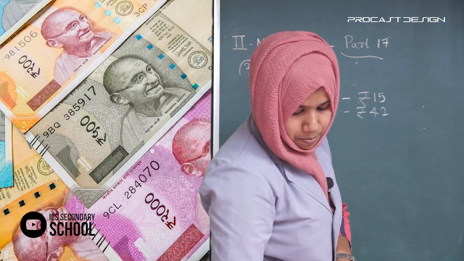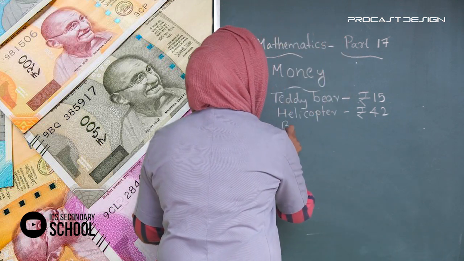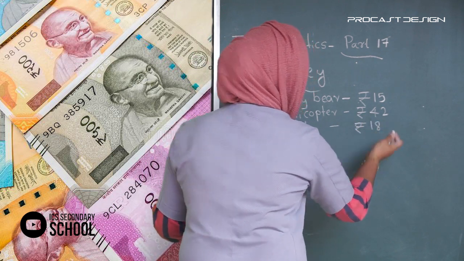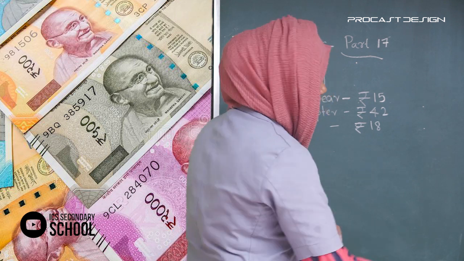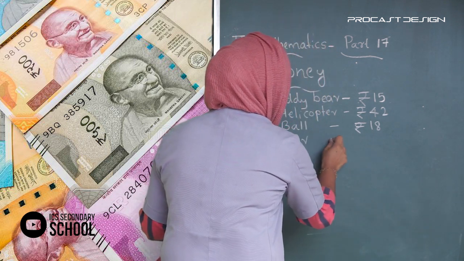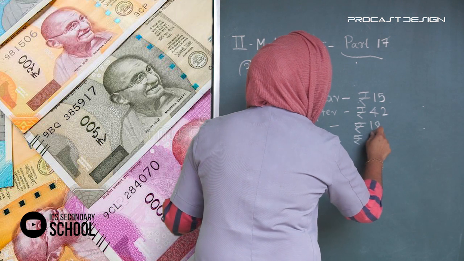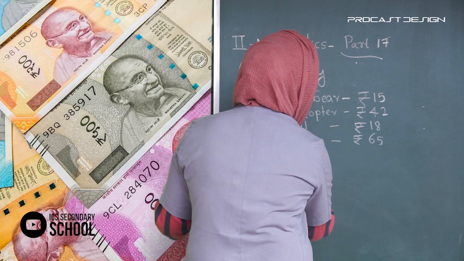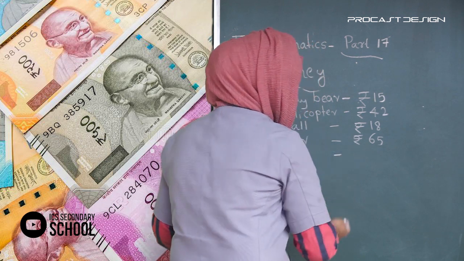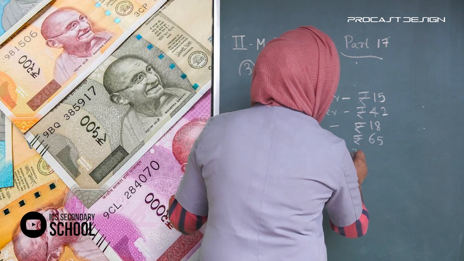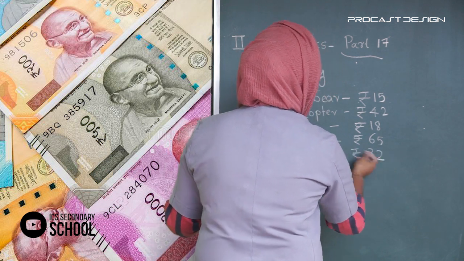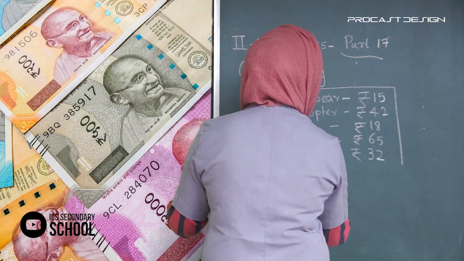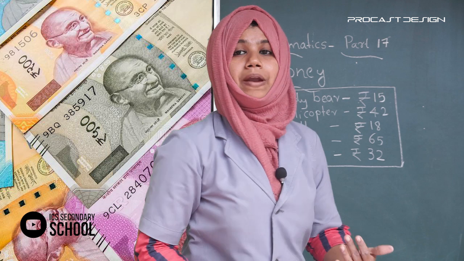Next, ball costs 18. Next, car costs 65. Doll costs rupees 32. So this is the price tag of the toys.